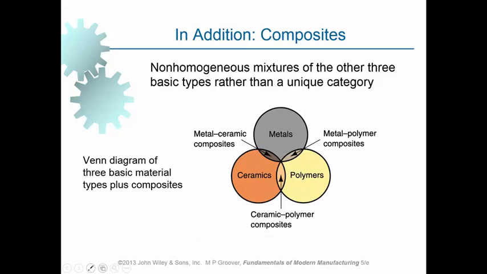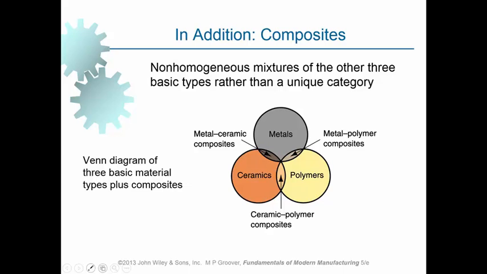So in order to do that, we may be interested in mixing 2 different types of engineering materials. For example, ceramics are very strong and rigid. However, they are very dense and they have a high weight to volume ratio.